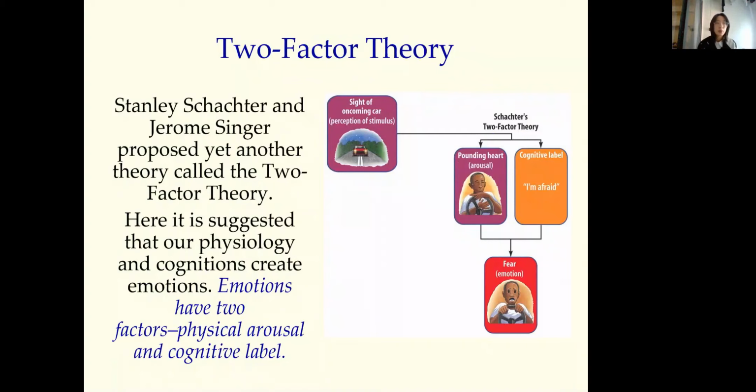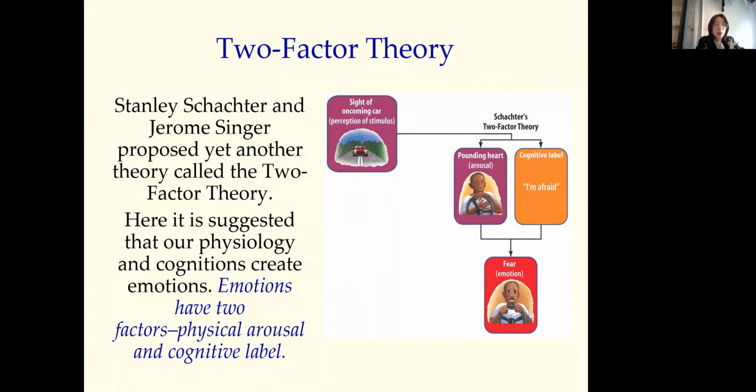According to this theory, emotions are composed of two factors, what I talked about earlier, physiological and cognitive. In other words, physiological arousal is interpreted in context to produce the emotional experience.